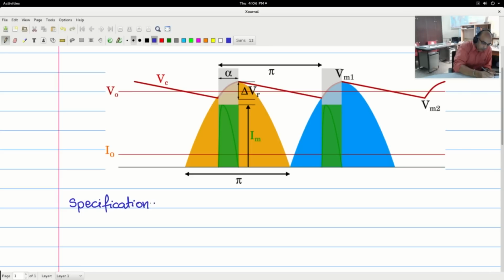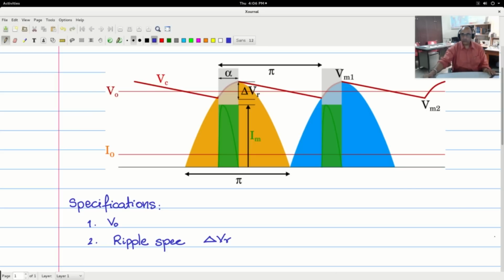One of the things given to you would be the value of V naught, and the ripple spec. It will be given as peak to peak ripple variation, delta VR, as we have marked.